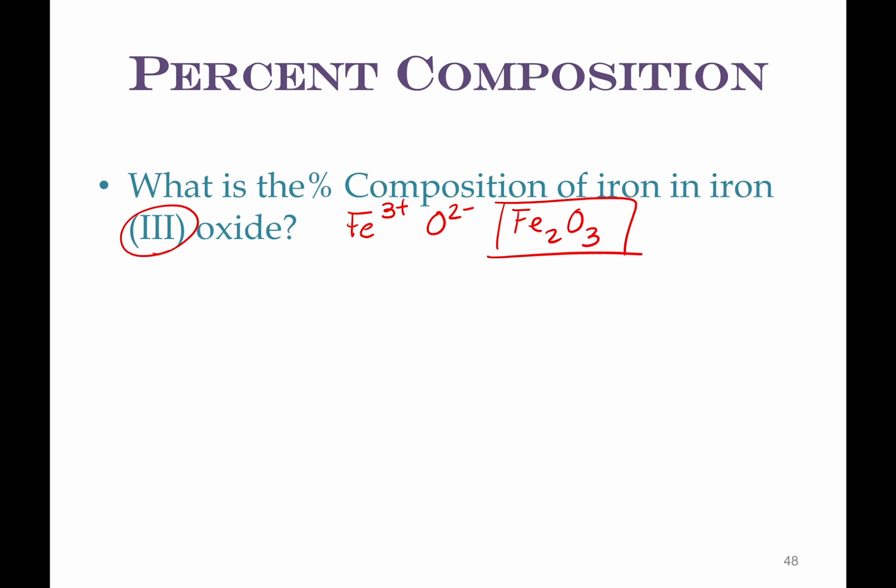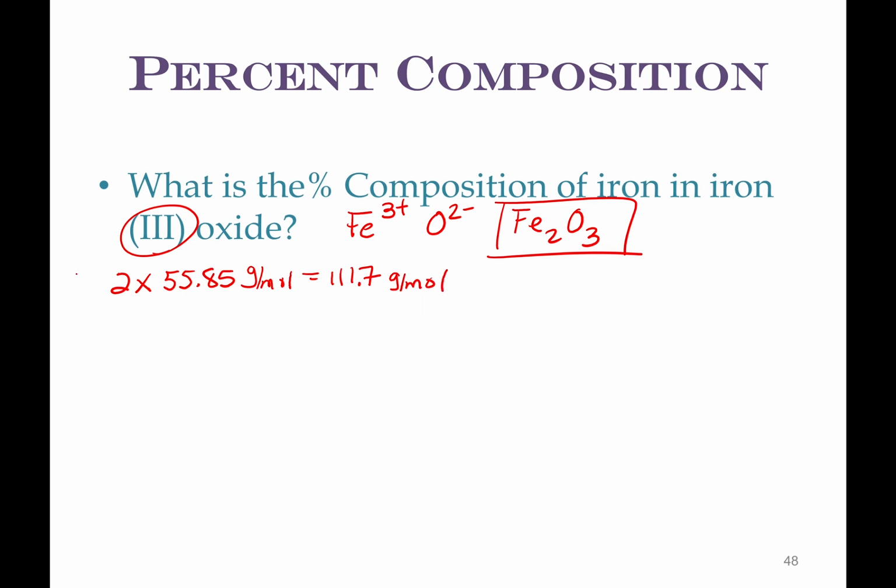So just like in the beginning, we need to take each piece. We're going to take 2 times the mass of iron. And if you don't have a periodic table handy, you should grab one. So for iron, we have 55.85. You can do grams per mole or AMU. It doesn't matter. The units are going to cancel. So let's just stick with grams per mole, because then you guys can use grams per mole later on. So 2 times 55.85 is 111.7 grams per mole.